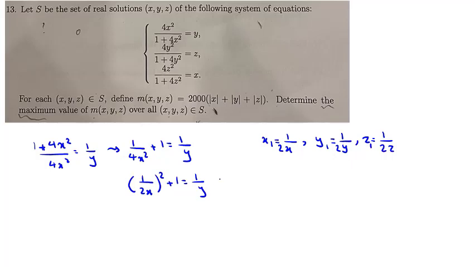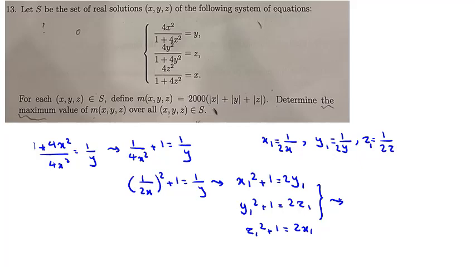Now, from the first equation, we say x1 squared plus 1 equals 2y1. Similarly for the second one, y1 squared plus 1 is equal to 2z1, and z1 squared plus 1 equals 2x1.